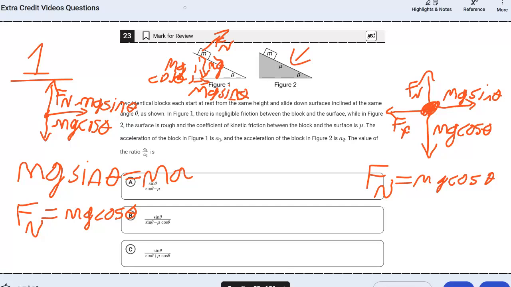And then our Newton's second law equation is a little more complex. Mg sine theta minus frictional force equals ma.